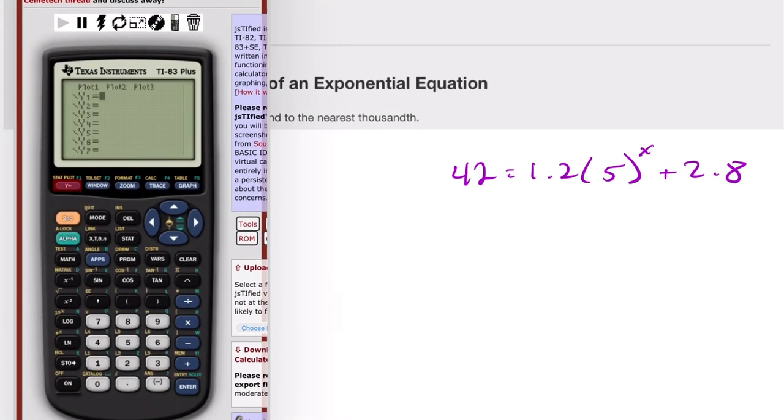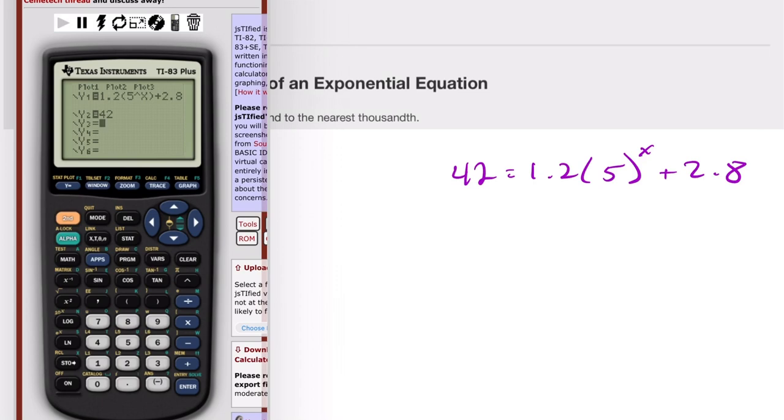I'm going to go to my y equals and put 1.2 parentheses 5 to the power of x, then plus 2.8. And in y2, since it's equal to 42, I'm going to put 42.